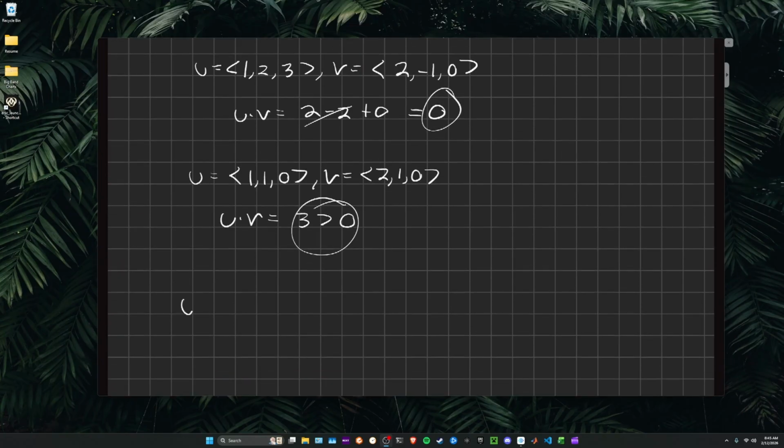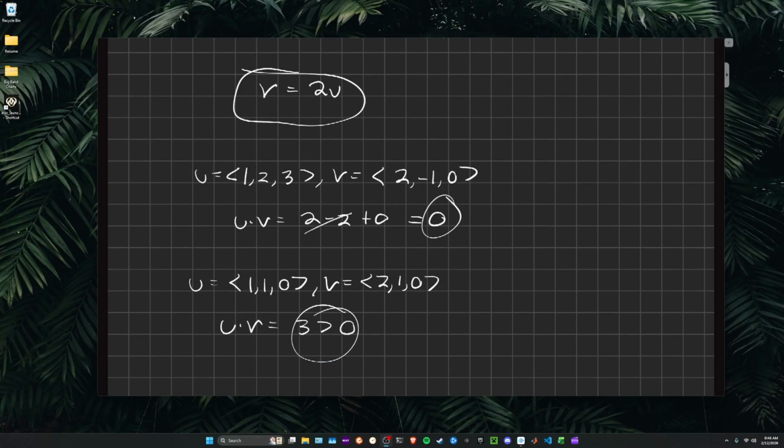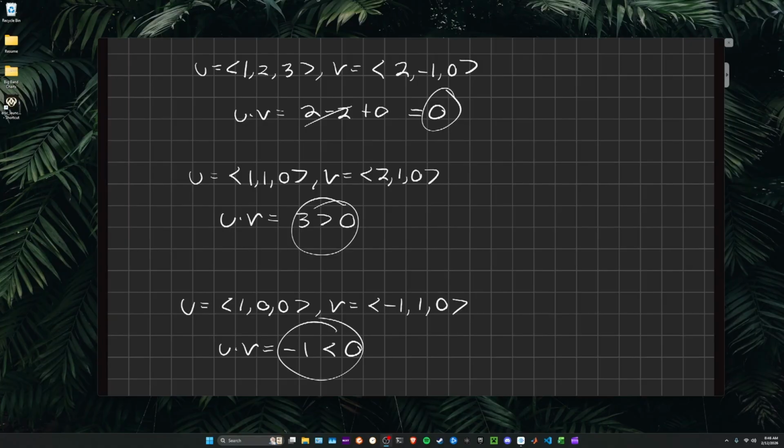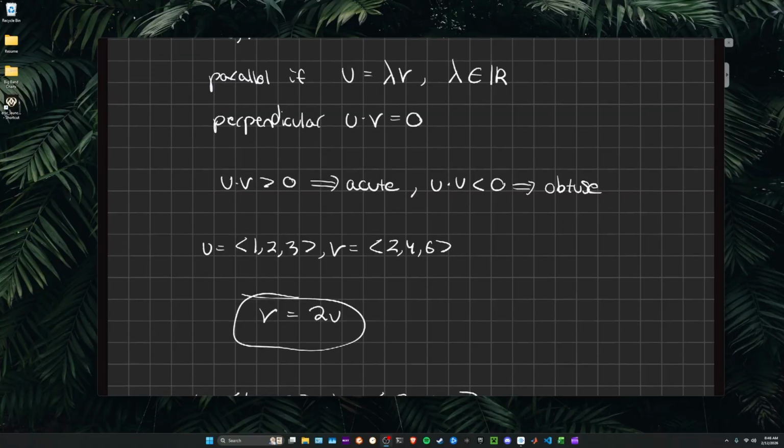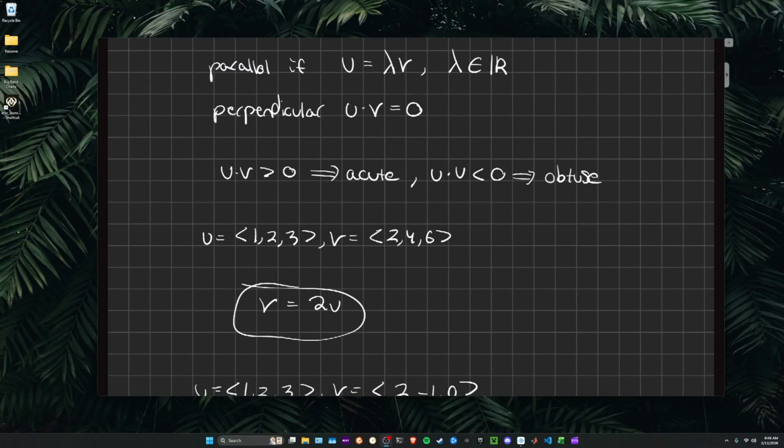And then finally, we have the vector u is 1, 0, 0. v is negative 1, positive 1, 0. So their dot product is just negative 1. Yep. So negative 1 is less than 0, and we determined that that means it's obtuse. Okay, so not much for this problem, just compute the dot product. And then for parallel vectors, you're not interested in computing the dot product. Just see if one vector is simply a constant multiple of another vector.